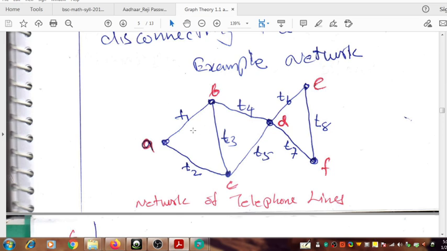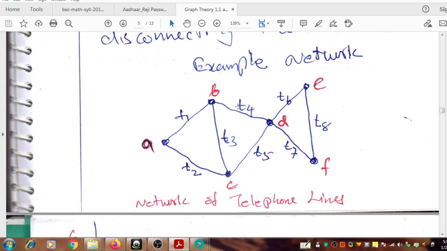You can see in this graph A, B, C, D, E, and F are the vertices. And then we look for edges. The edges are also present in this figure. Those edges are T1, T2, T3, T4, T5, up to T8.